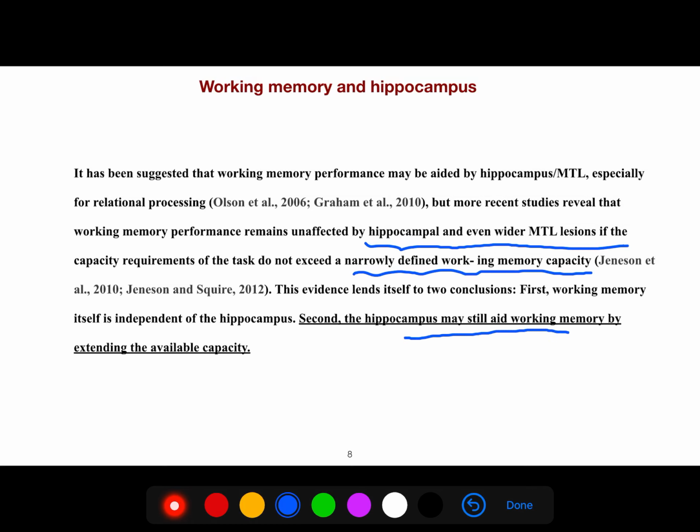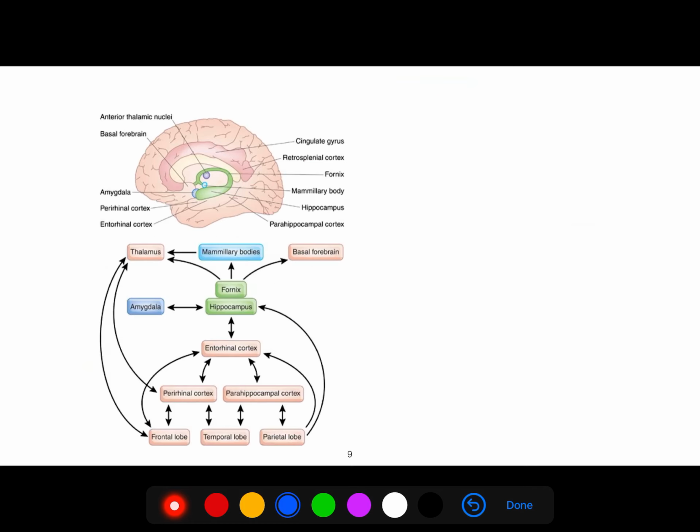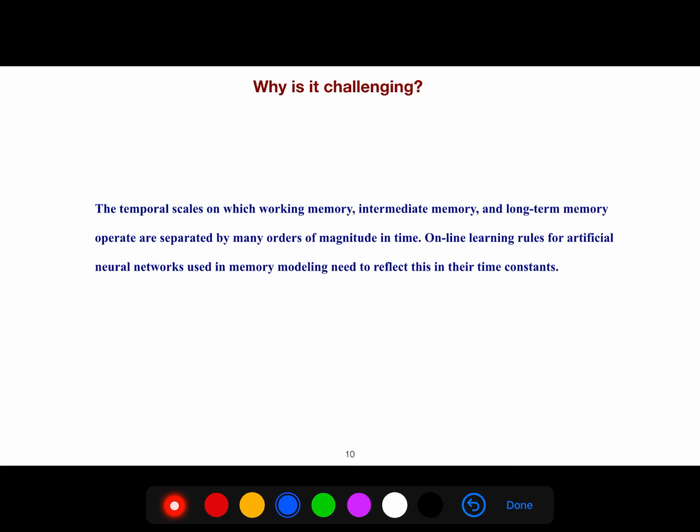Hippocampus may still aid working memory by extending the available capacity. So this is the architecture, how your hippocampus also gives information to the thalamus. We know thalamus is the gateway of all sensory information, but it is more than that. We know amygdala is for our emotions, fear, understanding that.